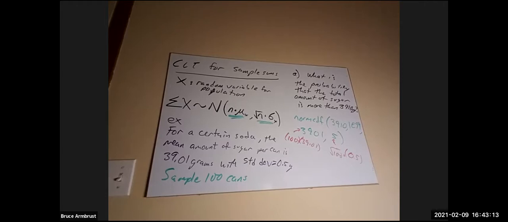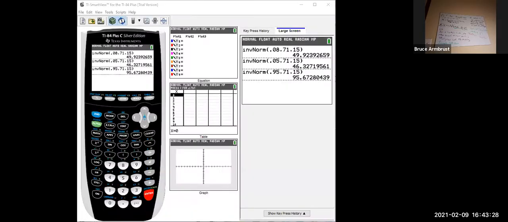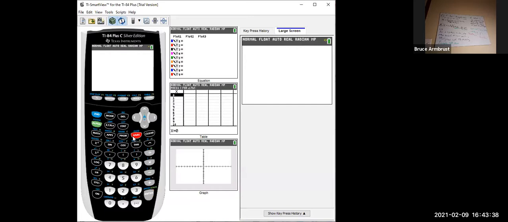All right, so I'm going to go ahead and share from my computer so you can see the keystrokes and how we do this. All right, so we got our TI-84 up. So again, we're going to go to distribution. So second vars gets our distribution. We're going to do normal CDF, number 2.